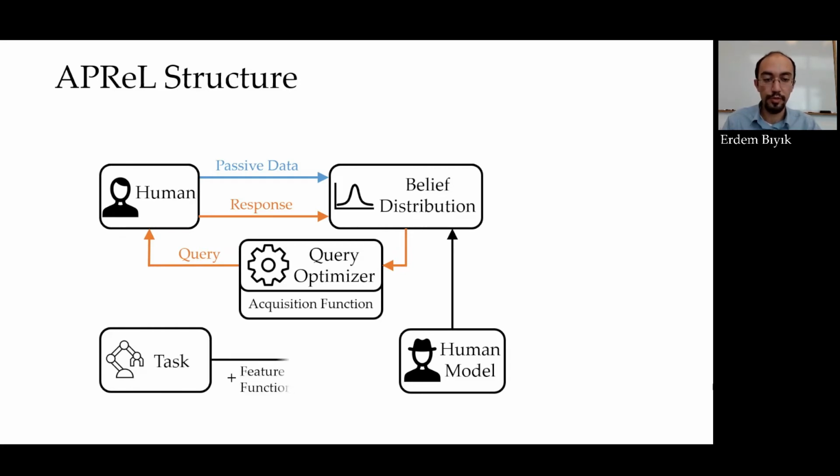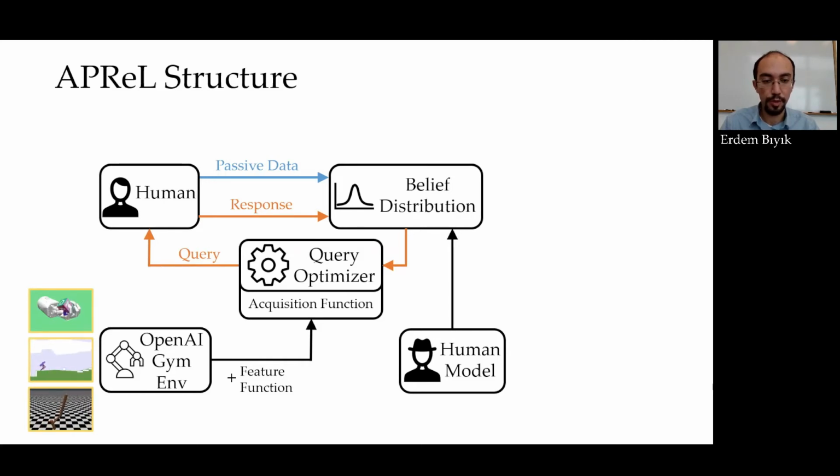The feature function, which maps trajectories to the features, is also known. APREL is compatible with OpenAI Gym, so any task that follows the environment structure of OpenAI Gym can be used in APREL. I also want to talk about the optimization options APREL provides.